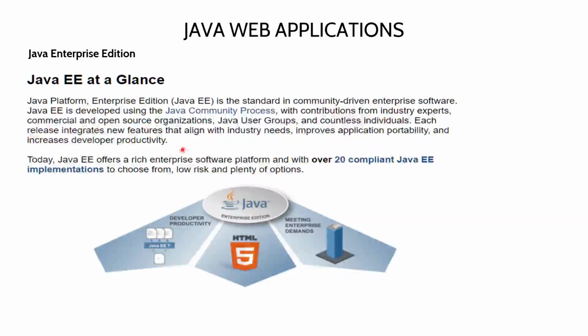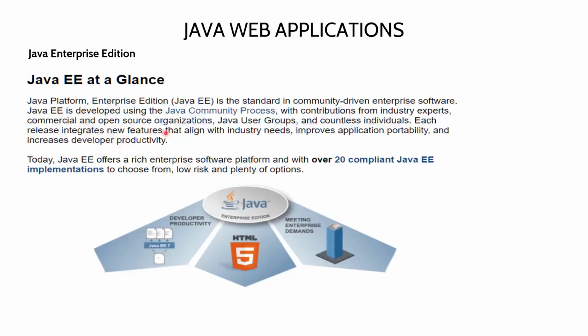So Java Enterprise Edition at a glance. Java Enterprise Edition is a standard community-driven enterprise software package. So Java EE is developed by the Java community with contributions from industry experts, commercial software, and open source organizations, as well as Java user groups and individuals.